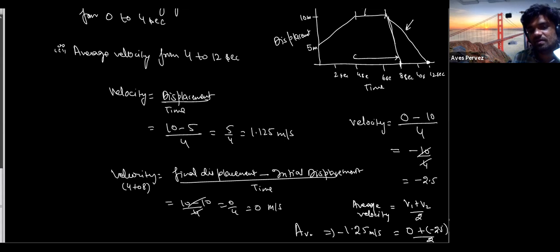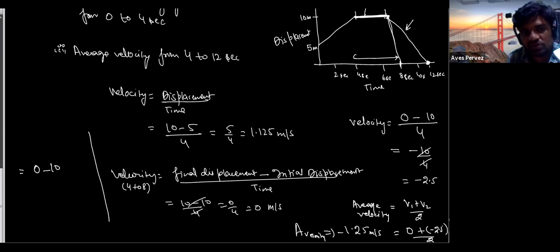Or you can calculate the average velocity by total displacement upon total time. In the first case, the total displacement is 0 because the object is stationary. It is not moving. Later we have a displacement of minus 10: final displacement is 0 and initial displacement is 10, so final minus initial, 0 minus 10, is minus 10.